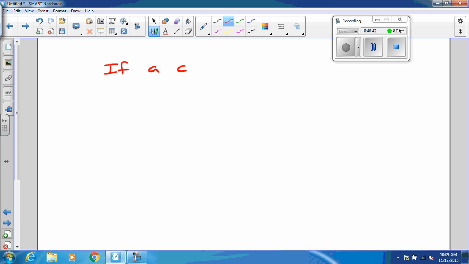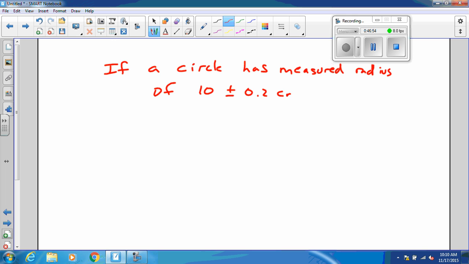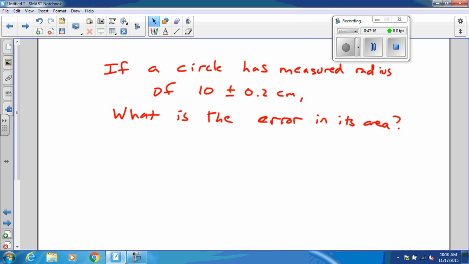So in particular, I might ask this question: if a circle has a measured radius of 10 plus or minus 0.2 centimeters, what is the error in its area? That's the kind of question that we'll answer with differentials to make it really easy.